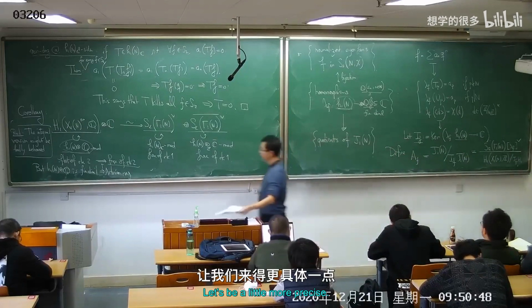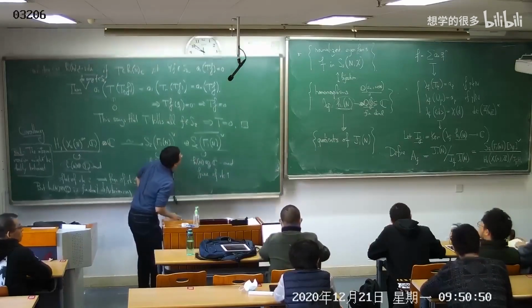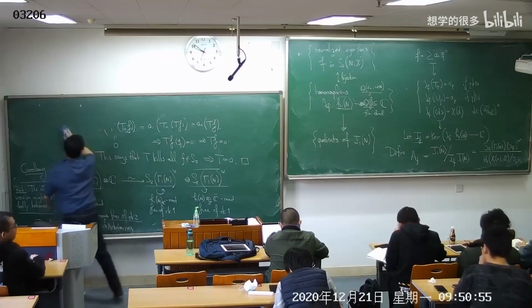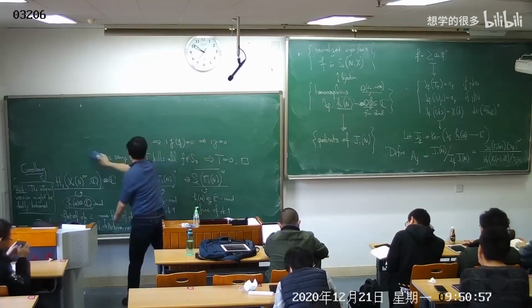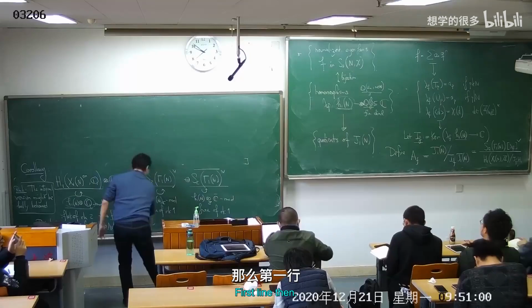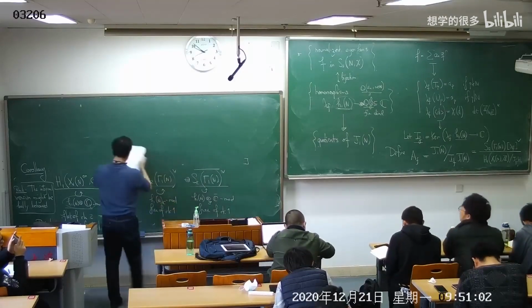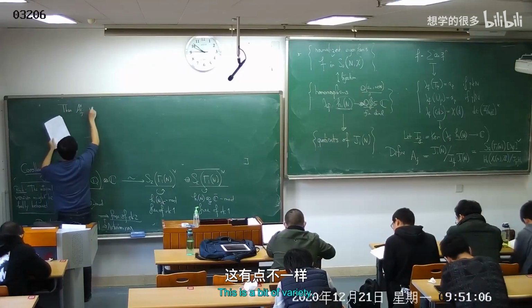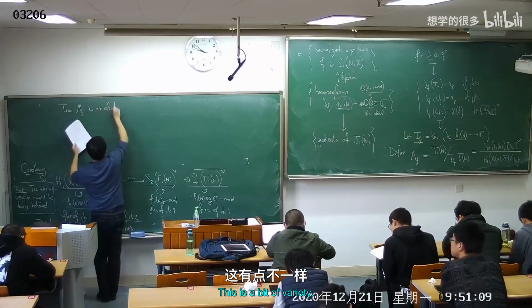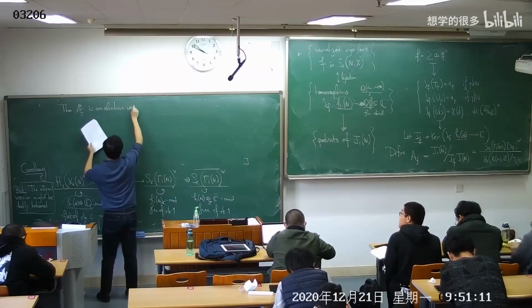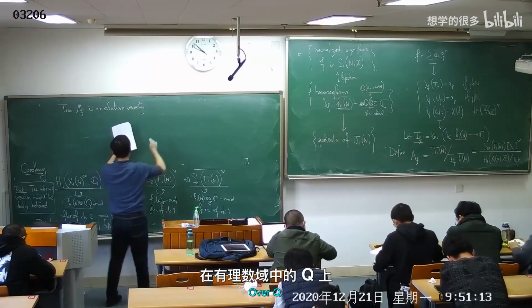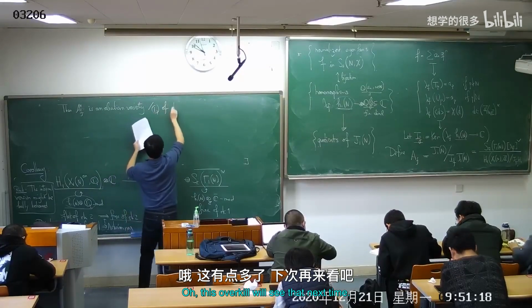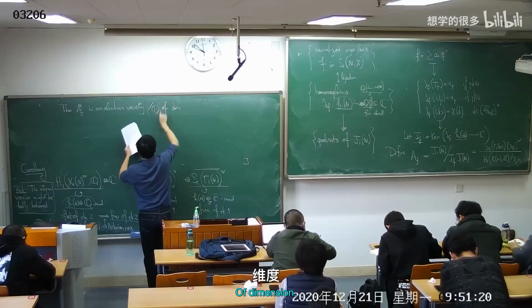Let's be a little bit more precise. This is an abelian variety of dimension the degree of Q_f over Q; we'll see that next time.